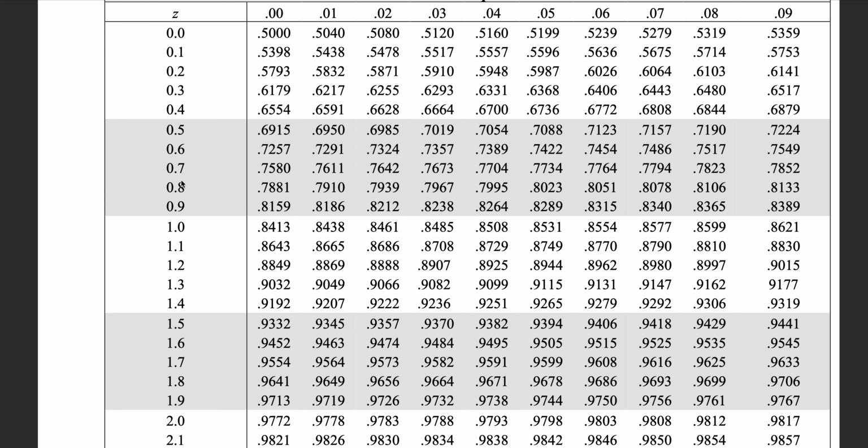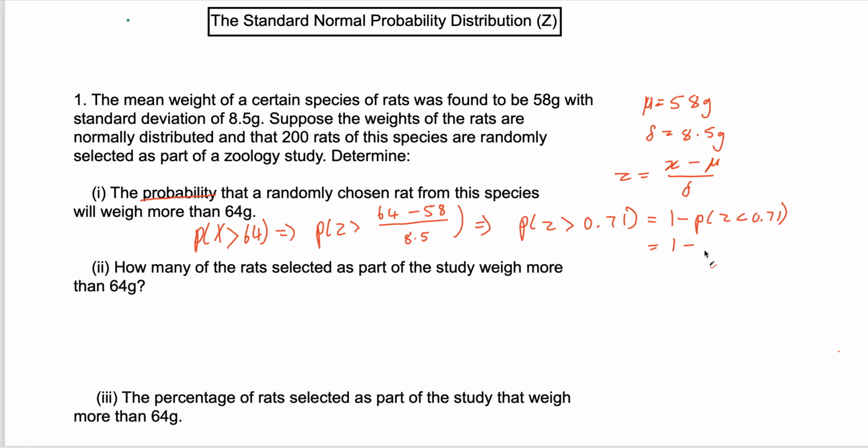For 0.71, that would be this one, 0.7611. So now it is 1 minus 0.7611, which equals 0.2389. So that's the probability of selecting a rat that weighs more than that.